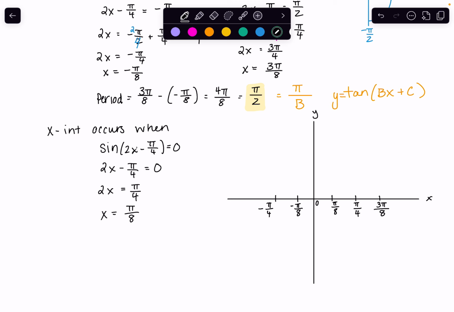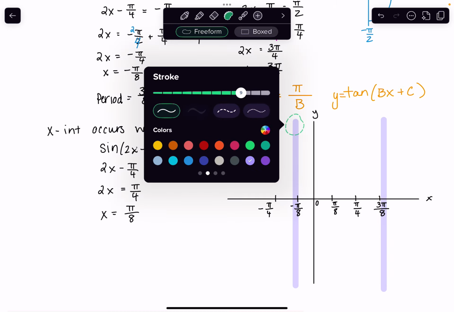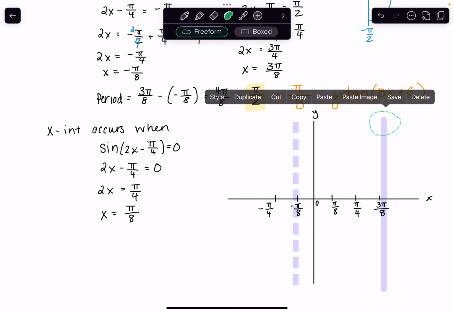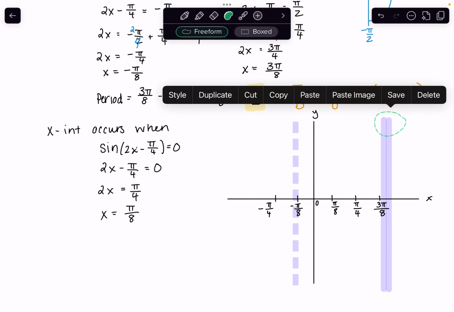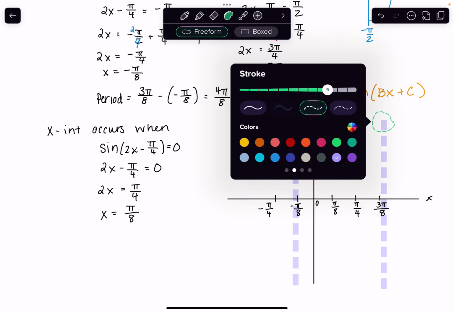Okay. So starting with the asymptotes, the first one is at negative pi over 8. The second one is at 3 pi over 8. And then again, our asymptotes, we like to be dashed or dotted, whatever you'd prefer. So we're going to go ahead and change those to dotted lines.